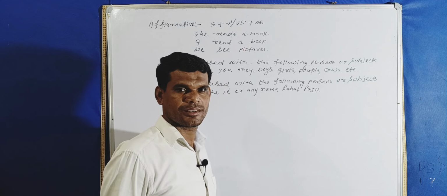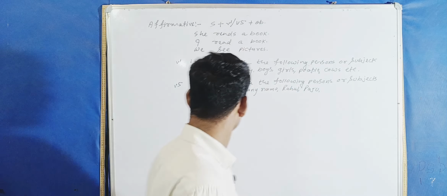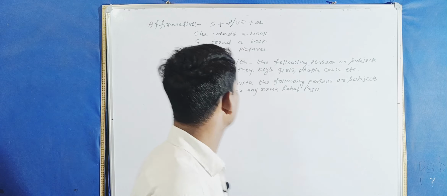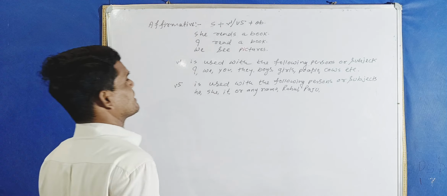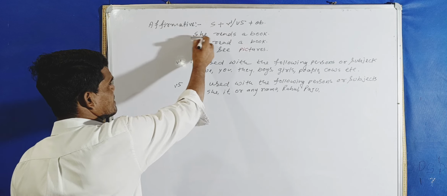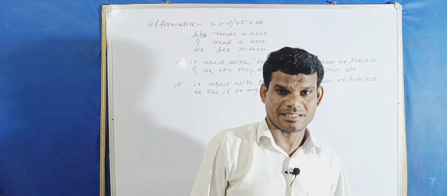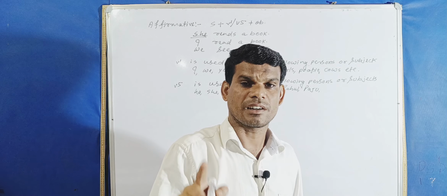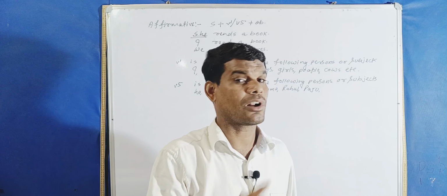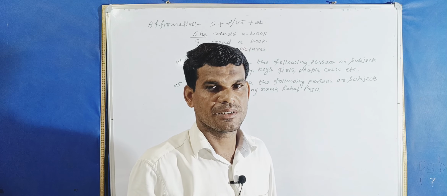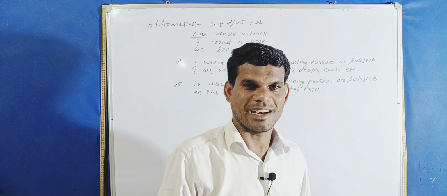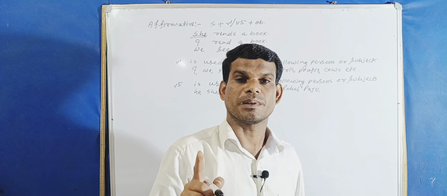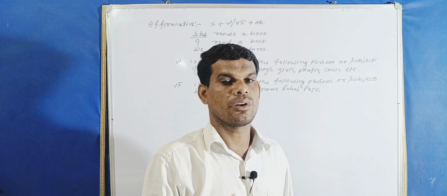In this way, we use verb 1 and verb 5. In the above mentioned sentences, it is the third person singular number. We use verb 5 only with the third person singular number, not plural number.